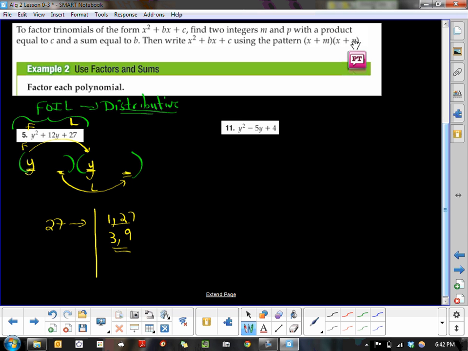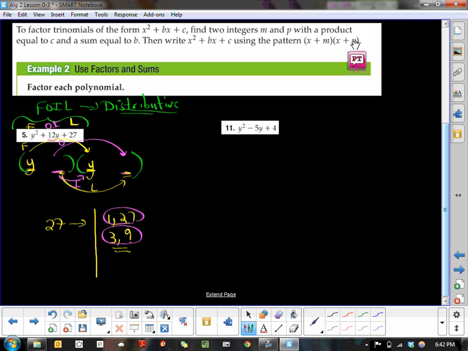So I've got to find the right combination that's going to give me this 12 that I'm looking at here, which is your outside plus inside. Once I place these numbers, either the 1 and 27 or the 3 and 9, I've got to figure out which option will make that 12y. I put those in, then check the outermost two and the innermost two, the outside and inside, and make sure I can get a positive 12.